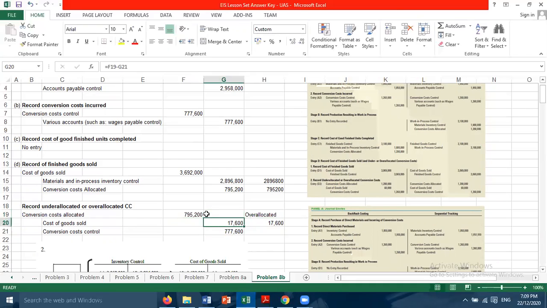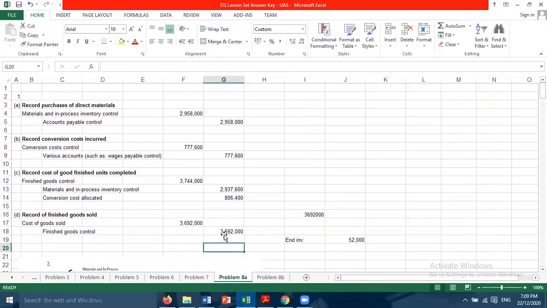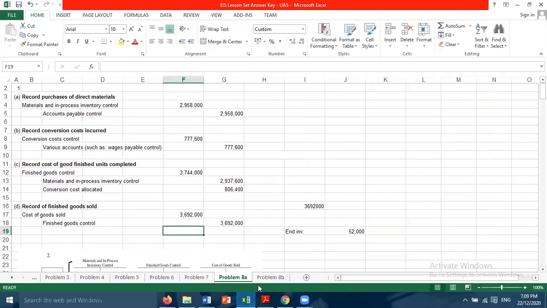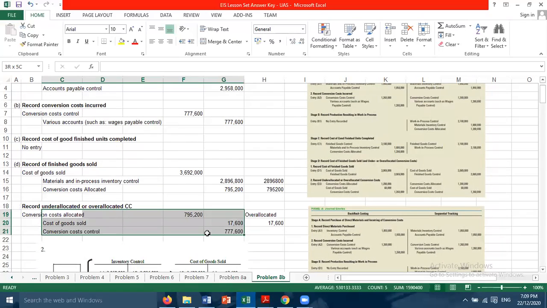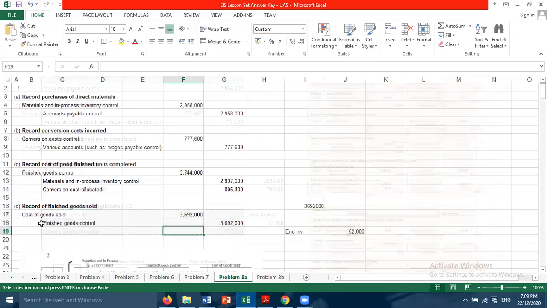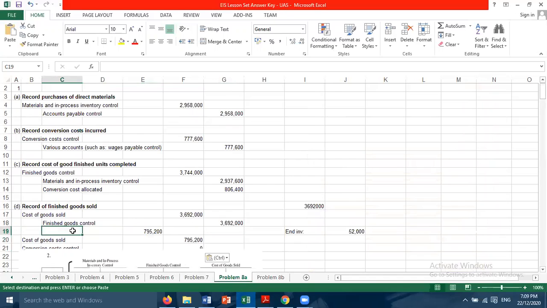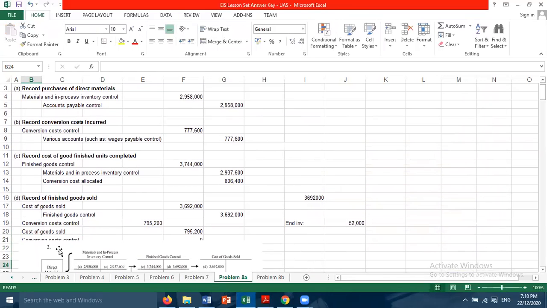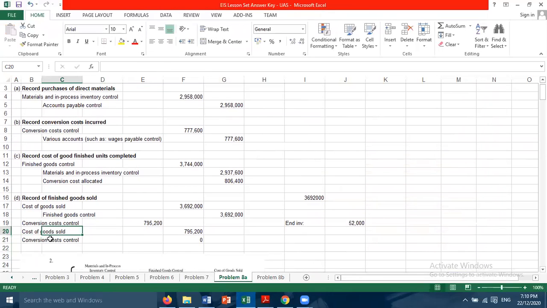Okay, so that will be the journal entry, or that will be what happens if we dispose the under or over allocated conversion costs. If, for example, the previous number disposes it as well, it'll be the same journal. It's literally the same. If we're asked, this will be cost of goods sold and conversion cost allocated, conversion cost control.